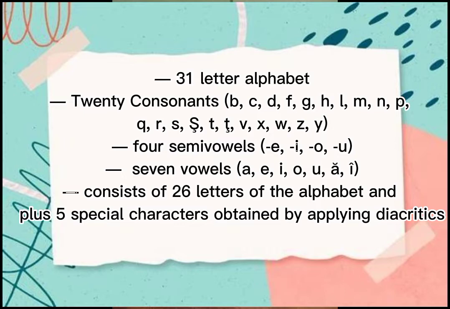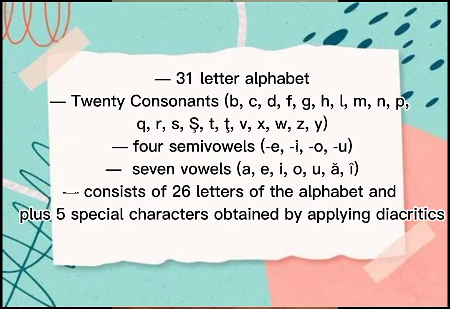It also consists of seven vowels, which are the letters A, E, I, O, U, A with a breve symbol, and I with a circumflex symbol.